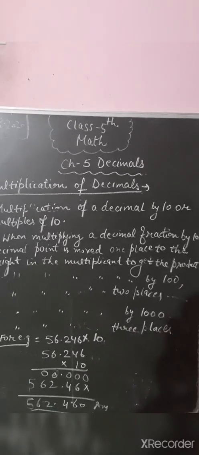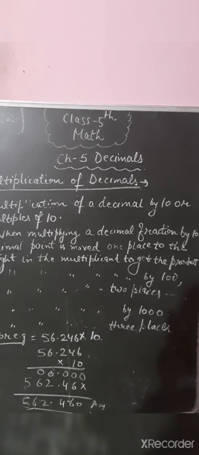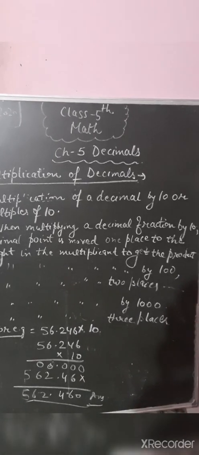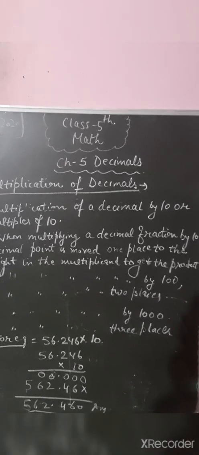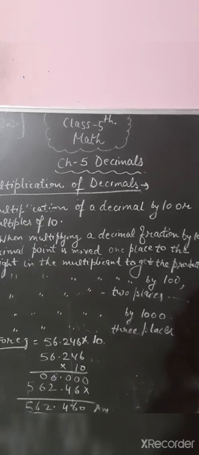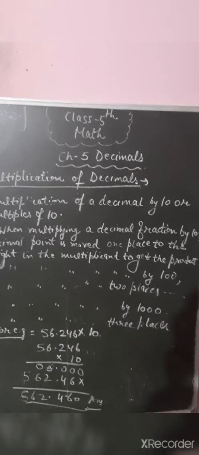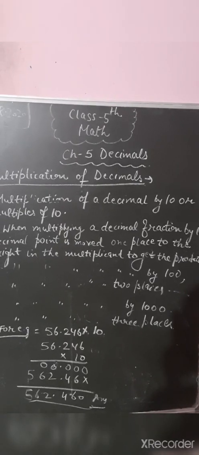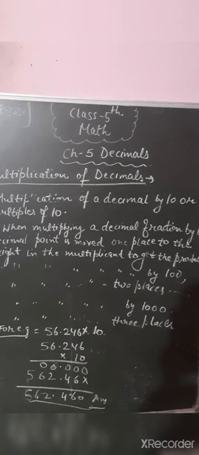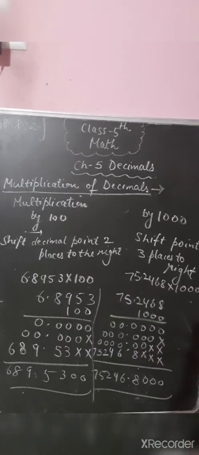So the answer you will get is 562.460. Earlier the decimal point was after 56 and it will shift 1 place to the right to get the product. If it is to be multiplied by 10, then we shift 1 place to the right and the answer you got is 562.460.